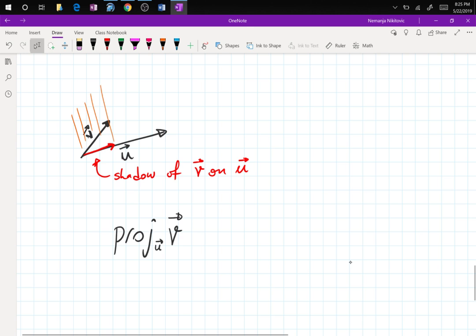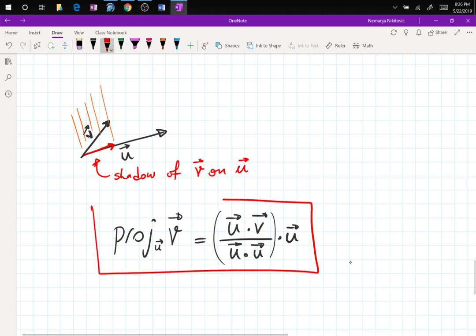And that is going to be equal to the dot product of u dot v divided by u dot u, and then everything times u. So let me explain all of the components here.